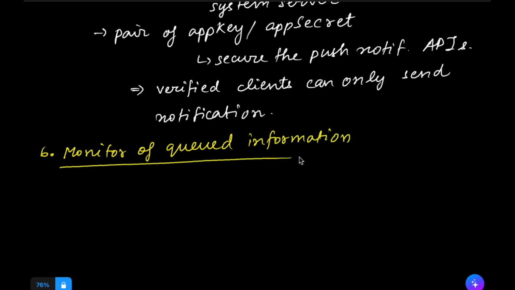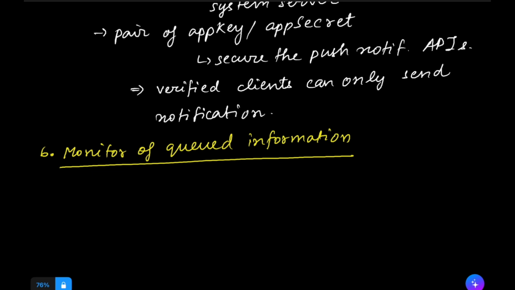Suppose we have notifications queued in the message queue, and suppose this number is very large, so one worker is not enough to process this huge amount of notifications queued in the message queue. So we need to scale the number of workers to handle this amount of information so that there is no delay in delivery of notifications.